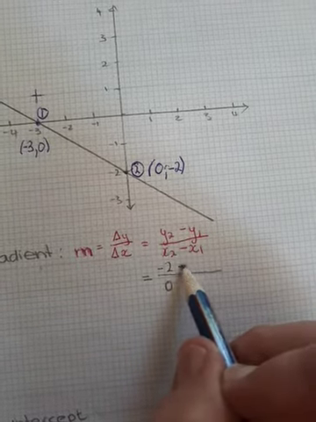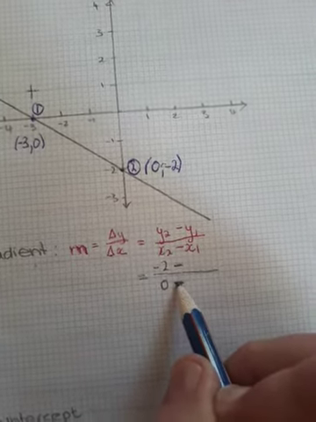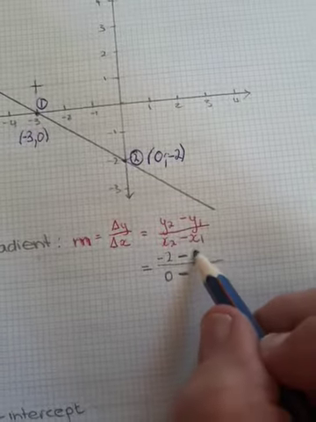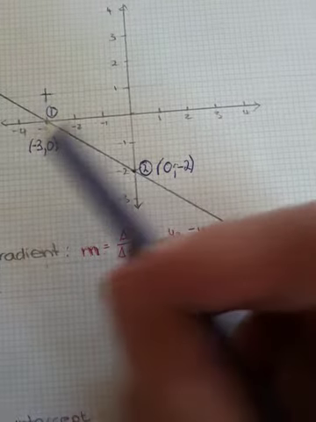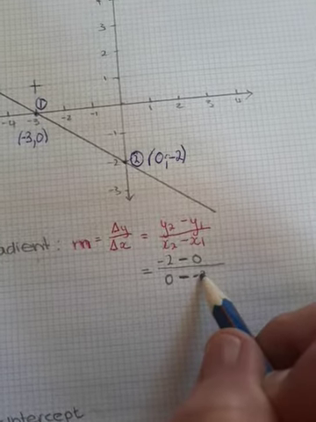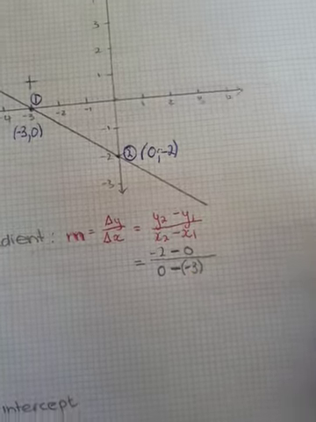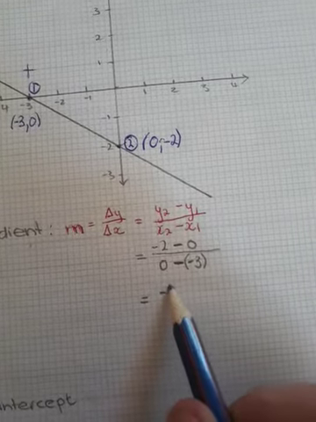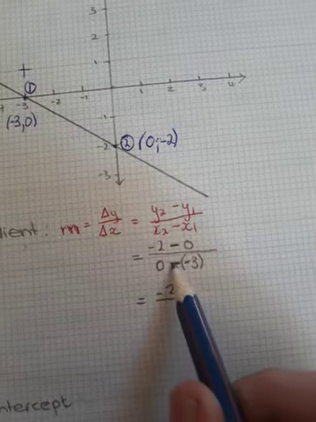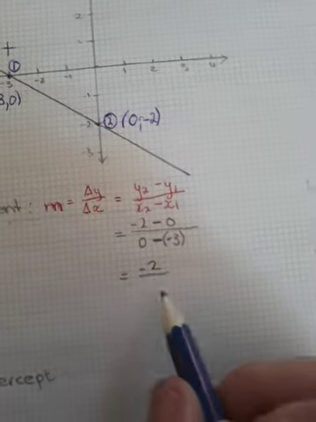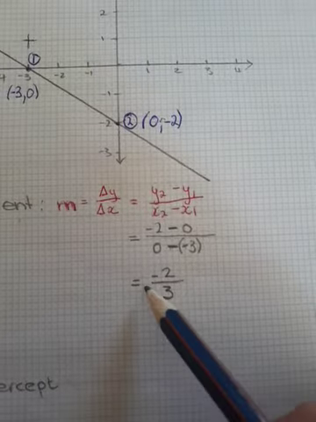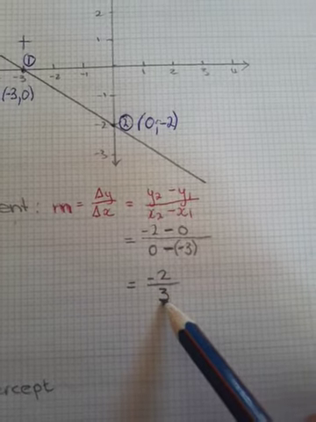Then comes a minus, and then read off the y1, which is 0, and the x1, which is -3. And that you can calculate, which gives me -2 over negative, and a negative gives me a positive 3. So my gradient is -2/3.